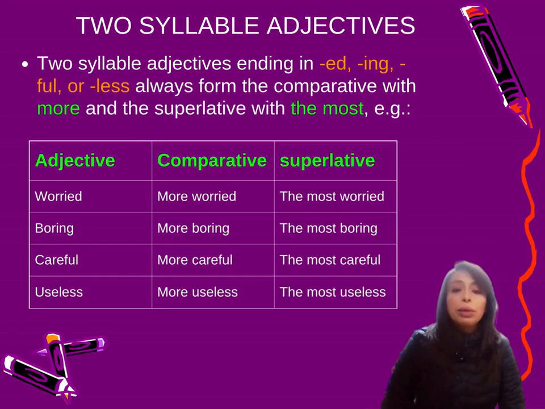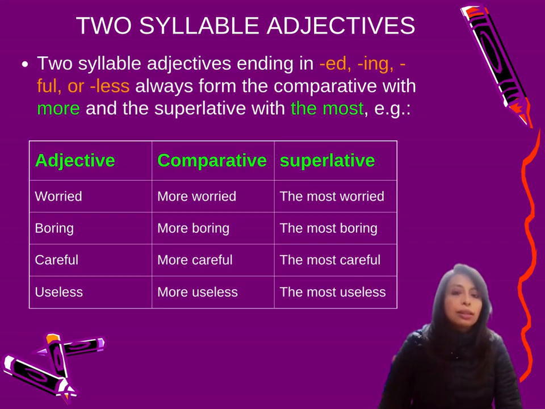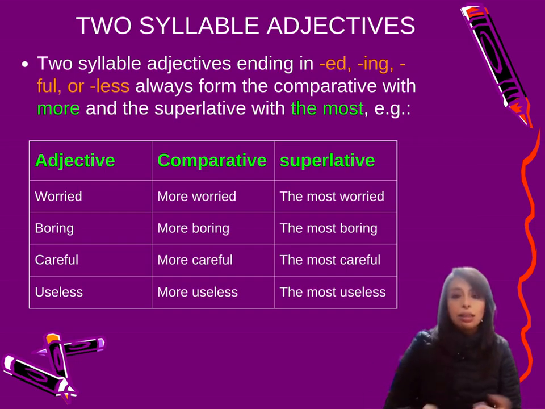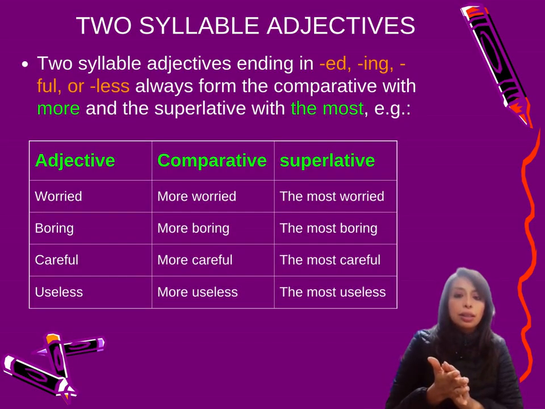Now, what happens if you have other two syllable adjectives? Well, you know that some adjectives ending in ed, ing, ful or less always form the comparative with more and the superlative with the most. Worried.